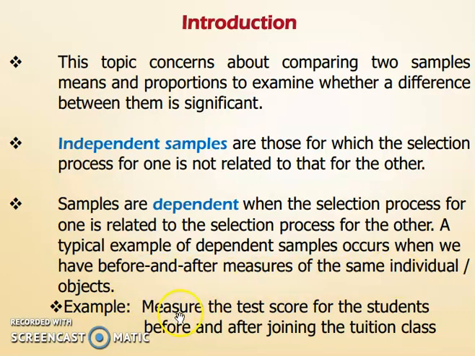Suppose we want to measure the test score for the students before and after joining the tuition class. We take one sample from the same students before joining the tuition class, and another sample after joining the tuition class. But the samples are from the same students, so they are dependent samples.